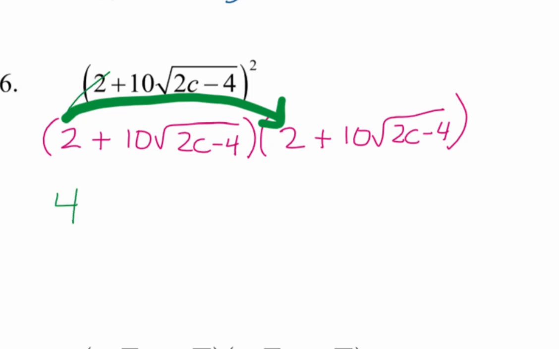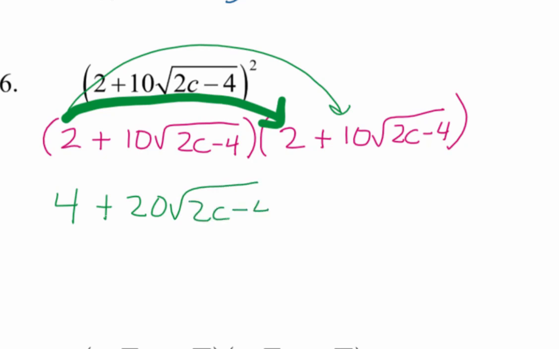Now you're going to multiply 2 times this 10 square root of 2c minus 4. And the way to multiply that is you multiply the 2 times the 10, because they're out. The 2 doesn't have a radical. So it's going to get multiplied to the 10, which is outside the radical. That's plus 20 square root 2c minus 4. Okay.